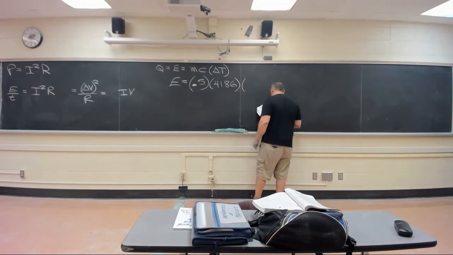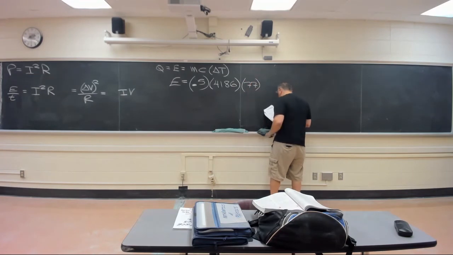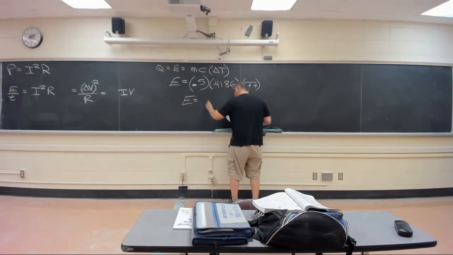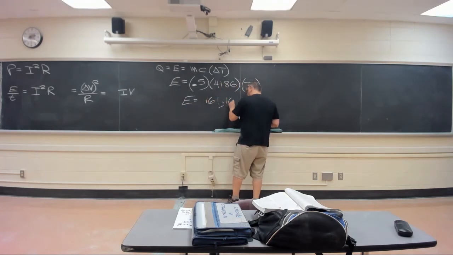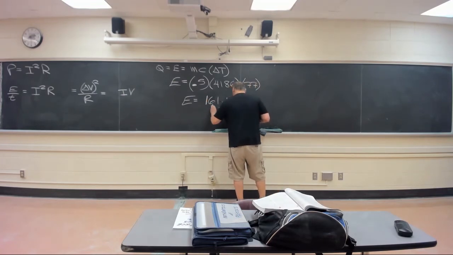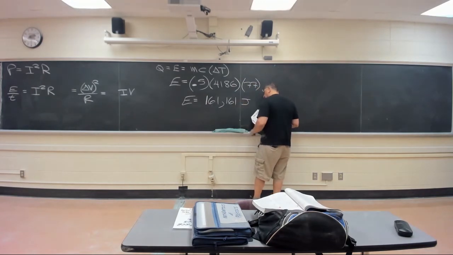I want to change the temperature from 23 to 100. That is a change of 77. That comes to about 161,161 joules.